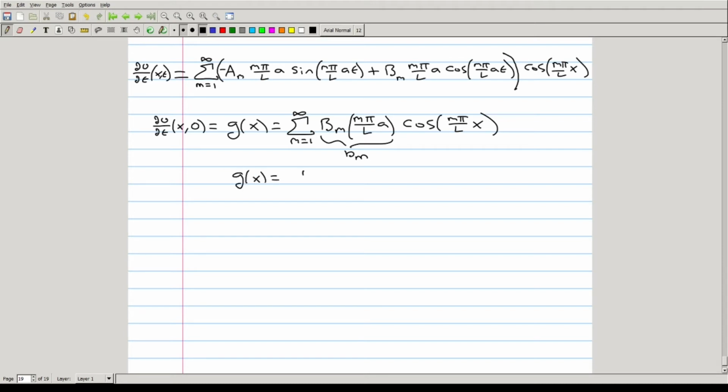So we have here an expression of the form summation from m equals 1 to infinity of bm cosine of m pi over L x. And this sum is from 0 to infinity as well. Sorry about that typo.